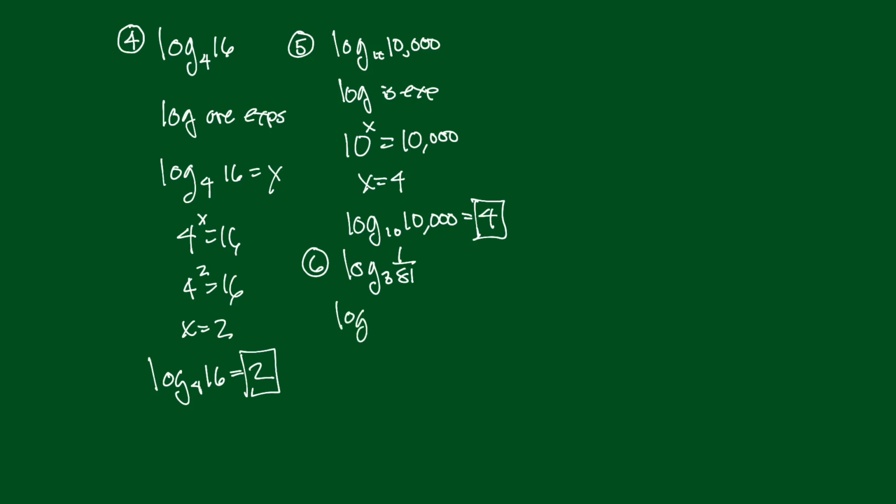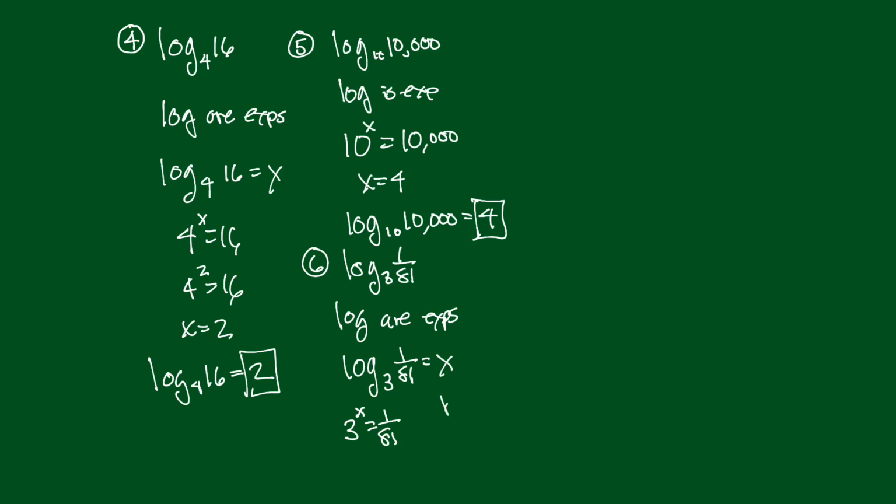Problem 6 asks us to find the logarithm base 3 of 1 over 81. Now, I know that logarithms are exponents, so I'm going to say that the log base 3 of 1 over 81 is equal to some number x. I don't know what it is yet, but now I know this. The logarithm is the exponent. So the exponent is the x. Exponents go on bases. That's 3. So I know 3 to the x equals 1 over 81.